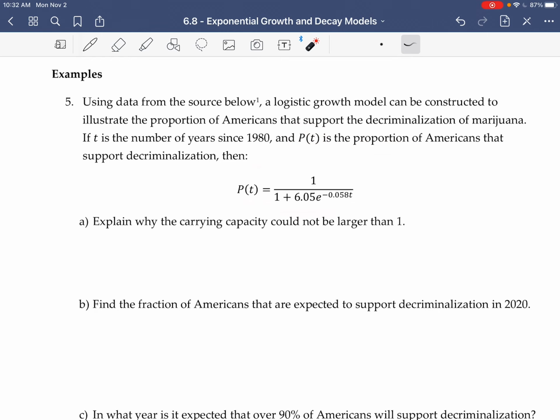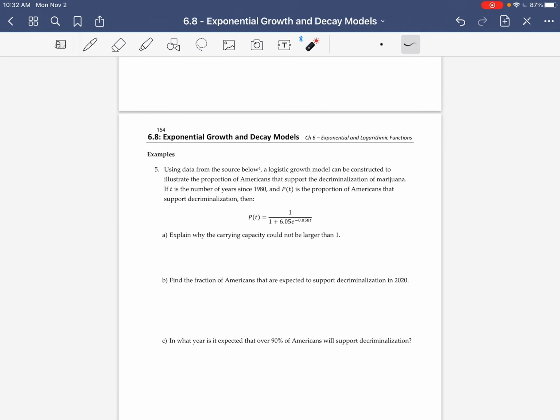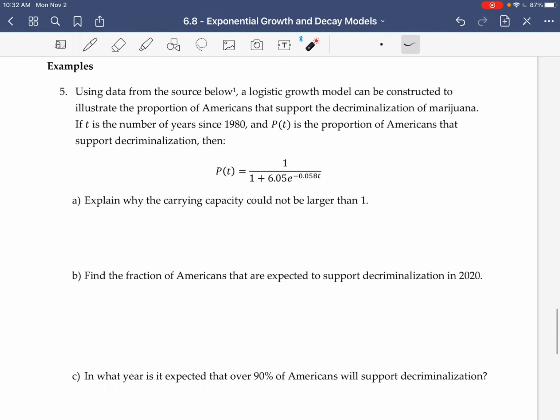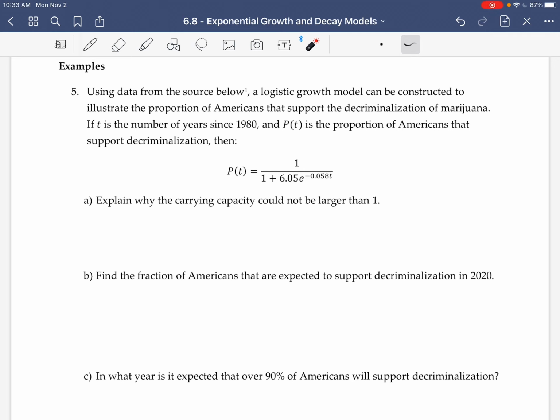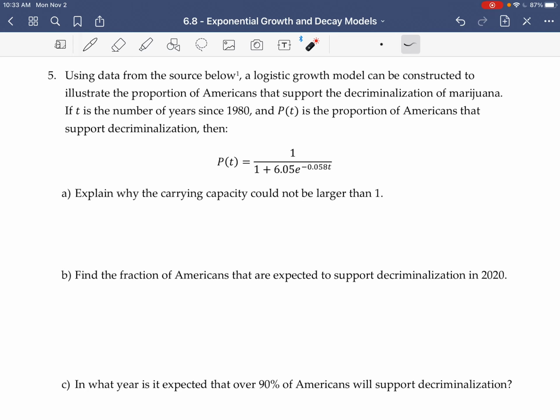This is the formula to compute that proportion. It's in the right form for the form that was given. The carrying capacity here is 1. I don't think this is worded that well, but what they're asking is, why can P of T not be larger than 1?